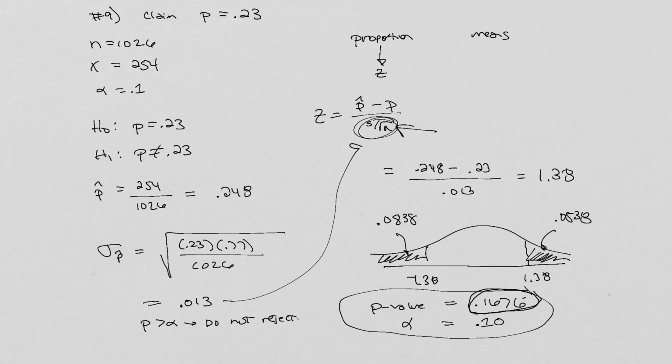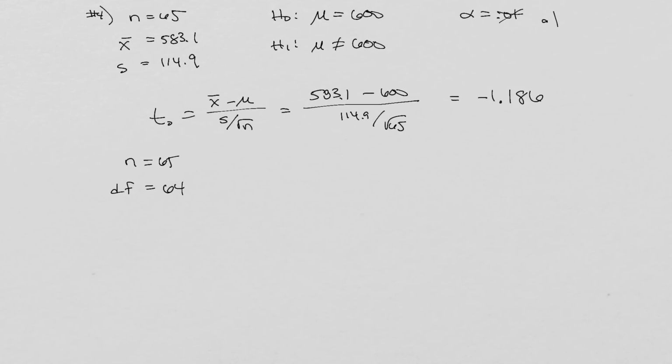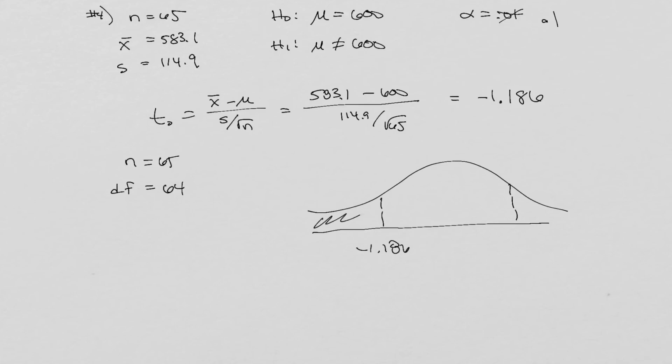Right? So if we go back to our picture here, remember this is a two-tailed test. So I want to find the p-value of negative 1.186 and worse, and 1.186 and higher. And we found that this p-value was between 0.05 and 0.10.